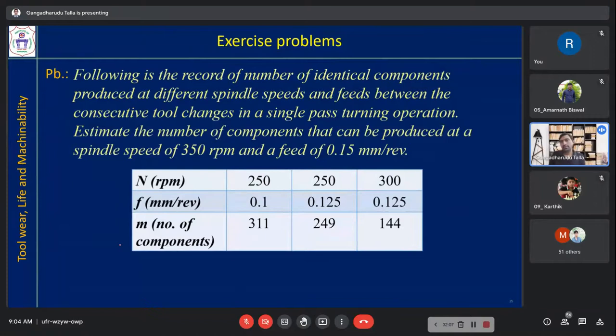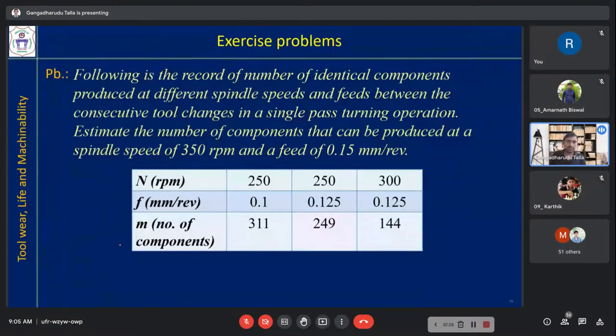Following is the record of the number of identical components produced at different spindle speeds and feeds between consecutive tool changes. In a single pass turning operation, estimate the number of components that can be produced at a spindle speed of 350 RPM and feed of 0.15 mm per revolution.